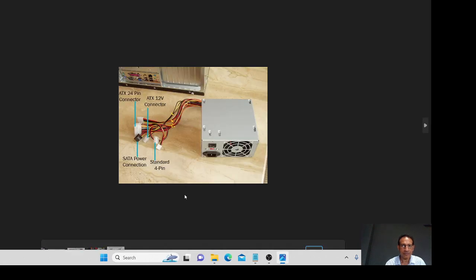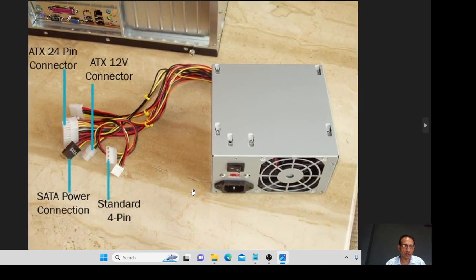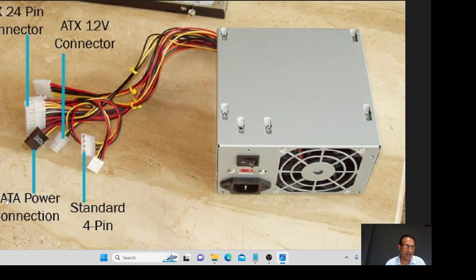Here is the ATX power supply, 4 pin, and here the 4 pin for the 12 volts. This 4 pin is the power supply for the hard disk and the CD-ROM in those days.